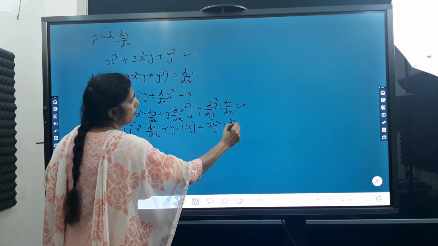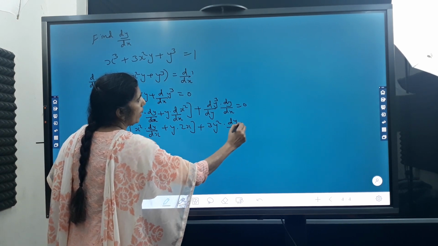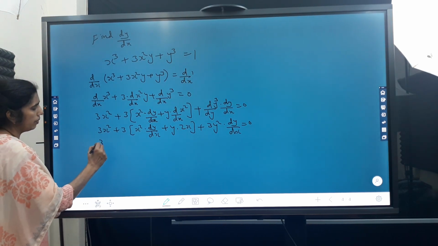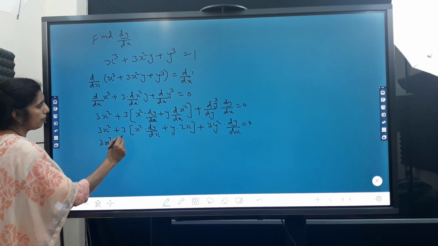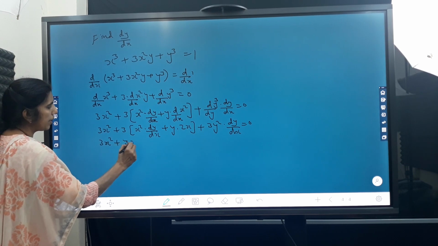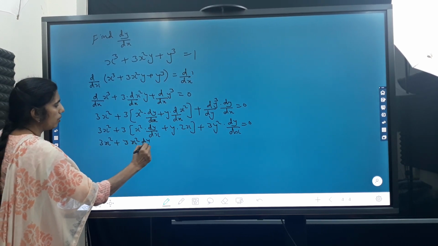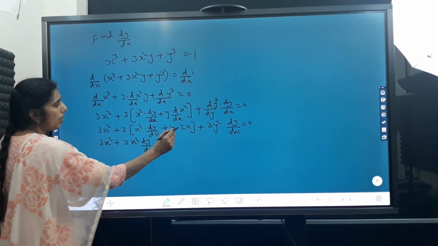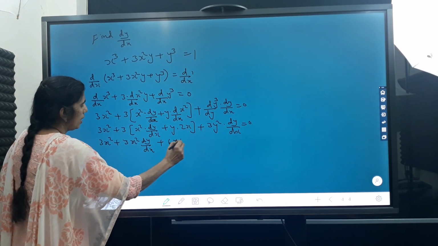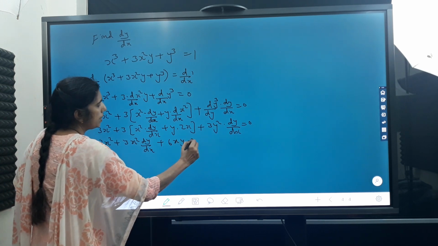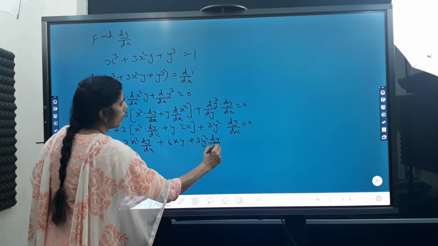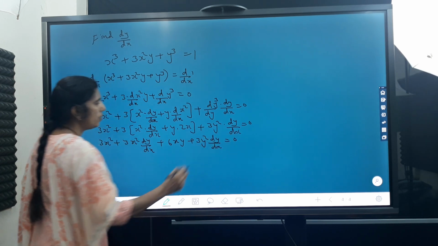So we have 3y square into dy by dx equal to 0. Now here we open the bracket, it becomes 3x square into dy by dx plus 3 into 2, 6xy plus 3y square into dy by dx equal to 0.